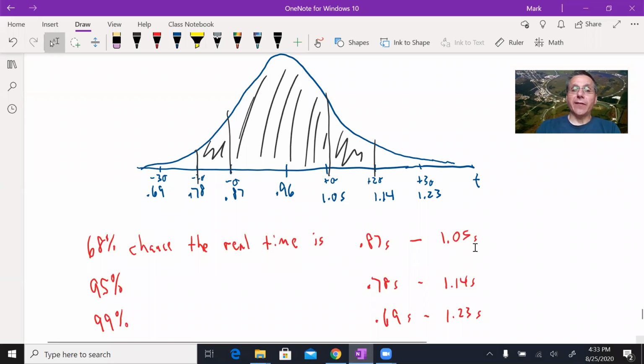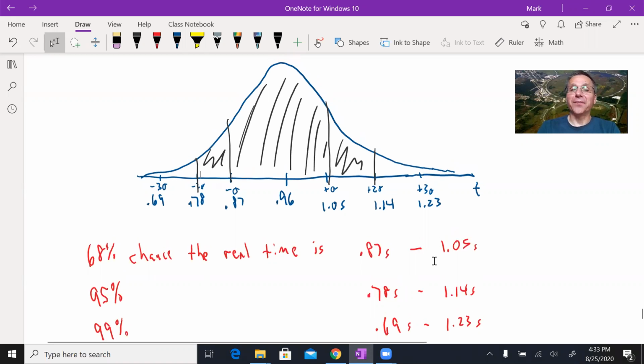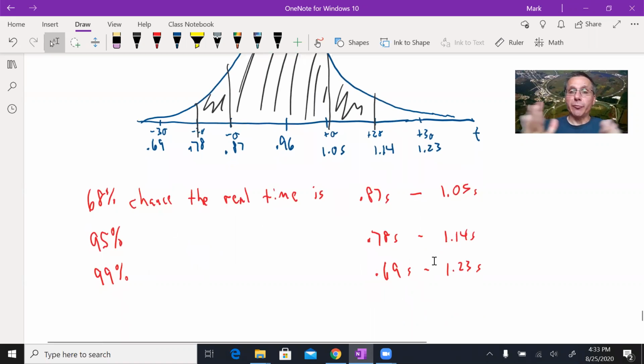There's about a 95% chance that the actual real time, remember, there is no such thing as a perfect measurement. We never know if we measured the real time or the real anything. It's just a probability, the best chance of measuring it, because there's always this spread when you do the trials.